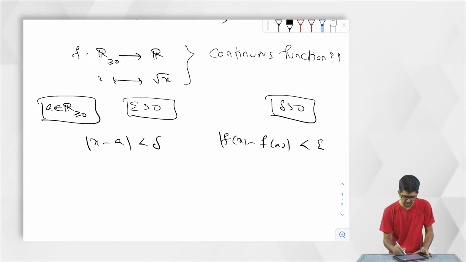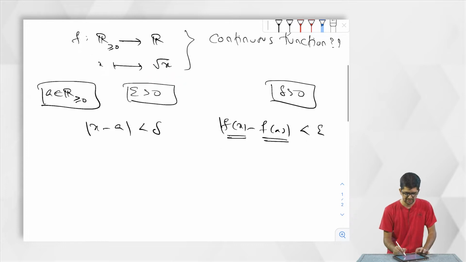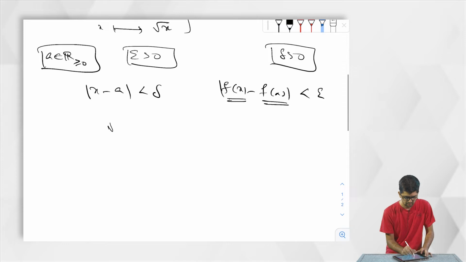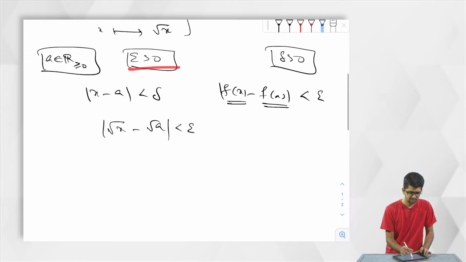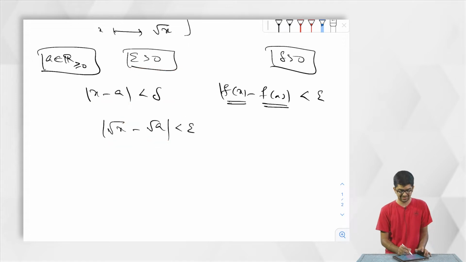The function f is given as x goes to root x, so let us replace f x and f a by root x and root a. So we want root x minus root a less than epsilon. What we want is: given epsilon positive, x minus a less than delta implies root x minus root a less than epsilon. We are looking for such a delta.